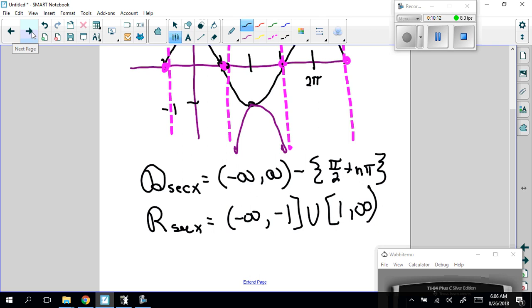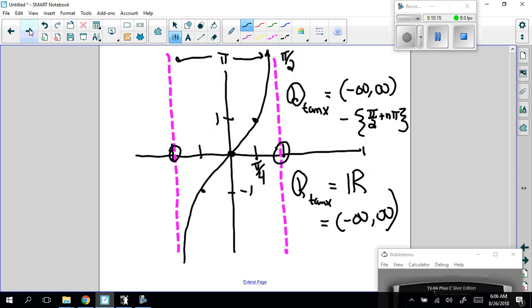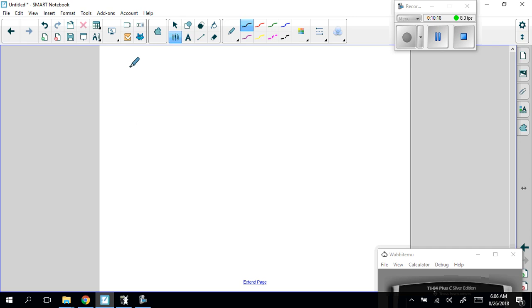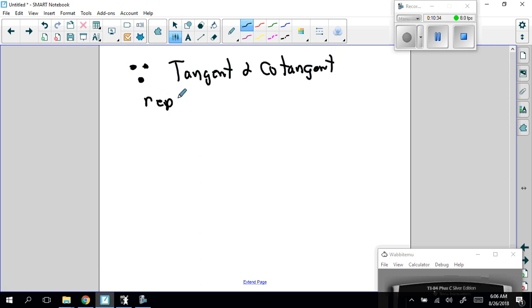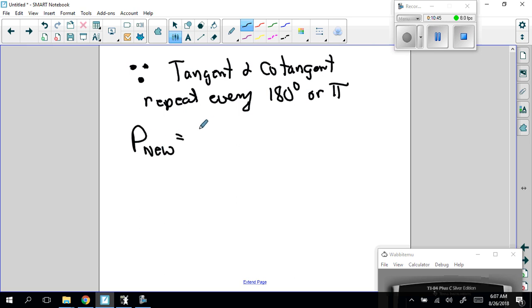All right, so back. Since secant is 2 dots high, 1 low. Since tangent and cotangent repeat every 180 or pi, the period for those two only is pi over omega, or 180 over omega.